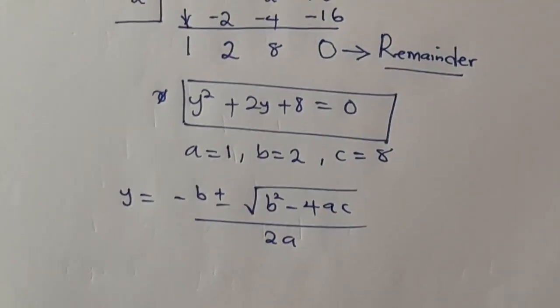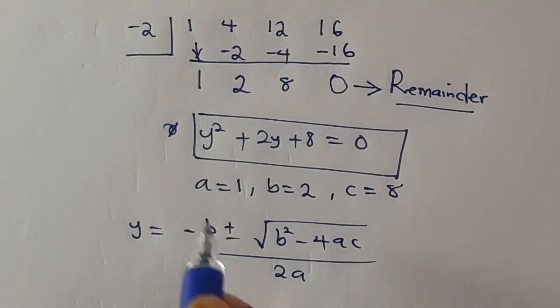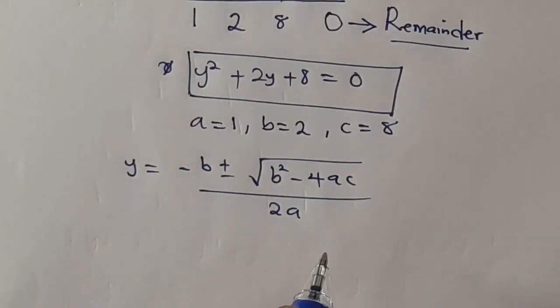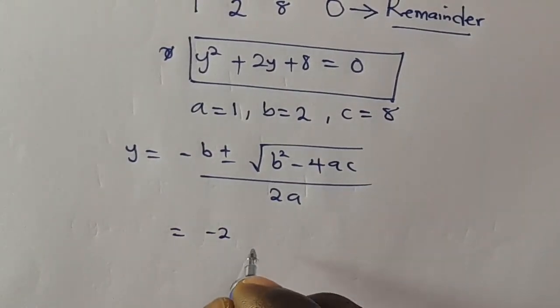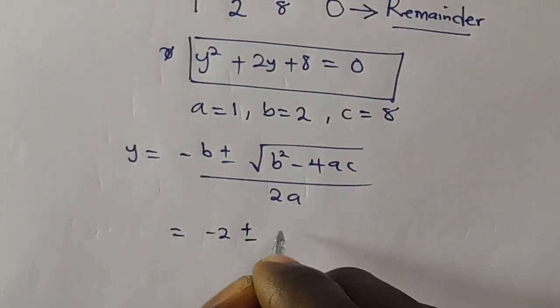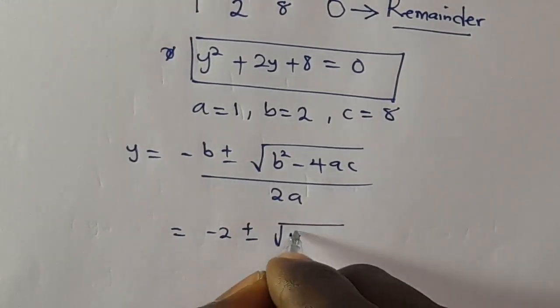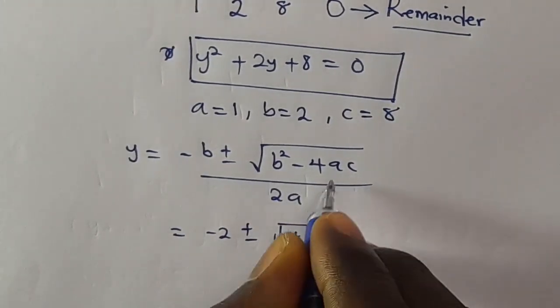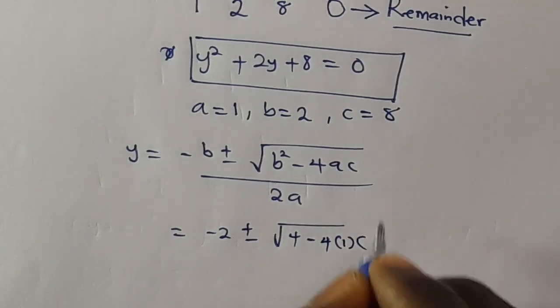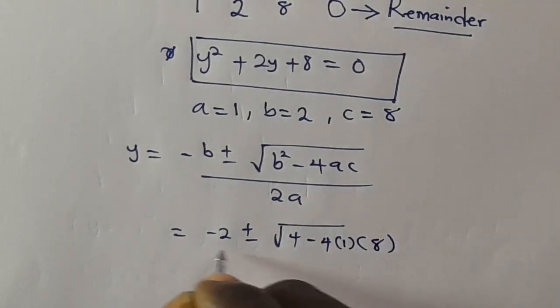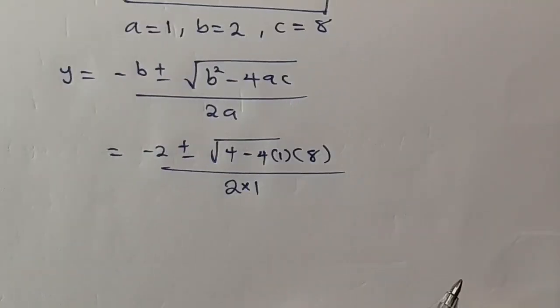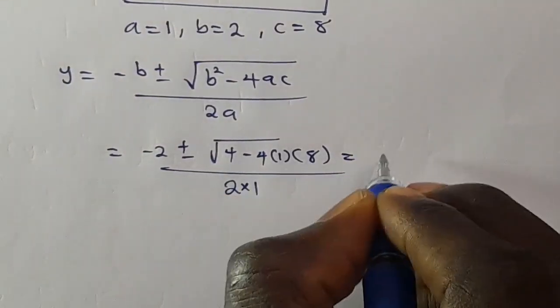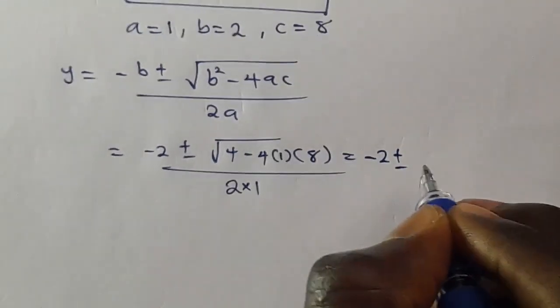So, from here we have our b to be equals minus 2, positive or negative, square root of 2 square will be 4, minus 4 multiplied by our a is 1, then our c equals 8, all divided by 2 multiplied by 1. Then from here, we are going to have this to be minus 2, positive or negative.